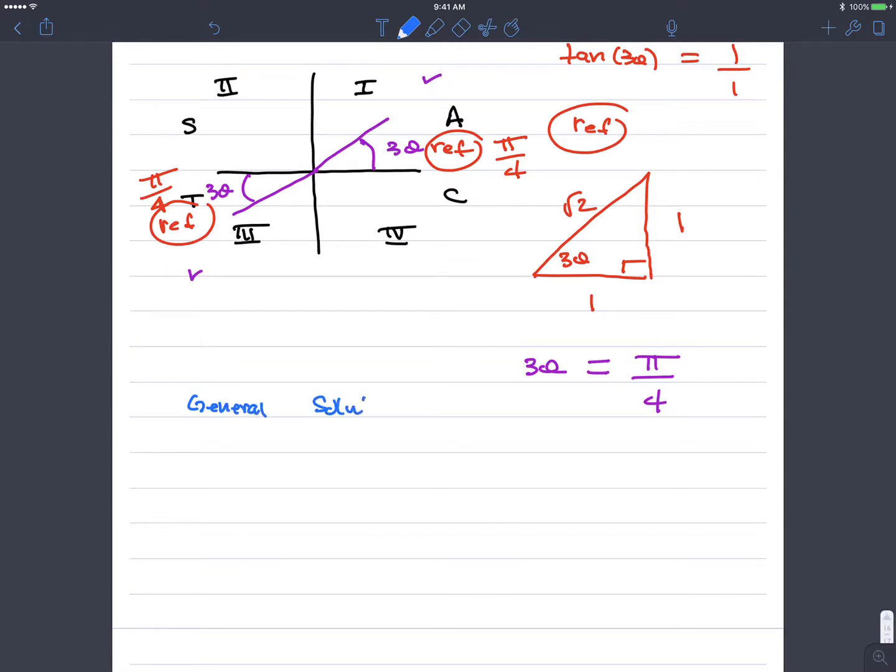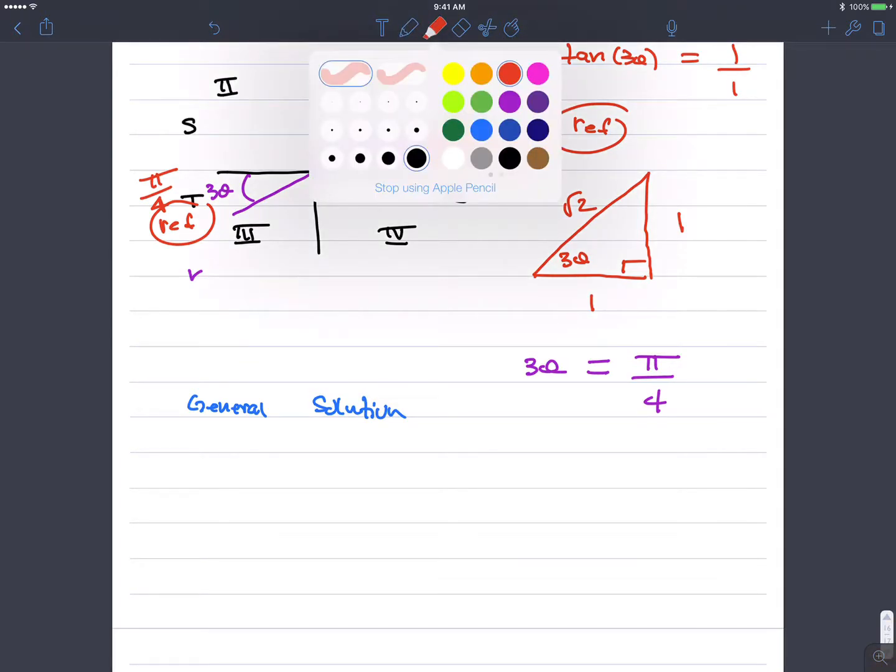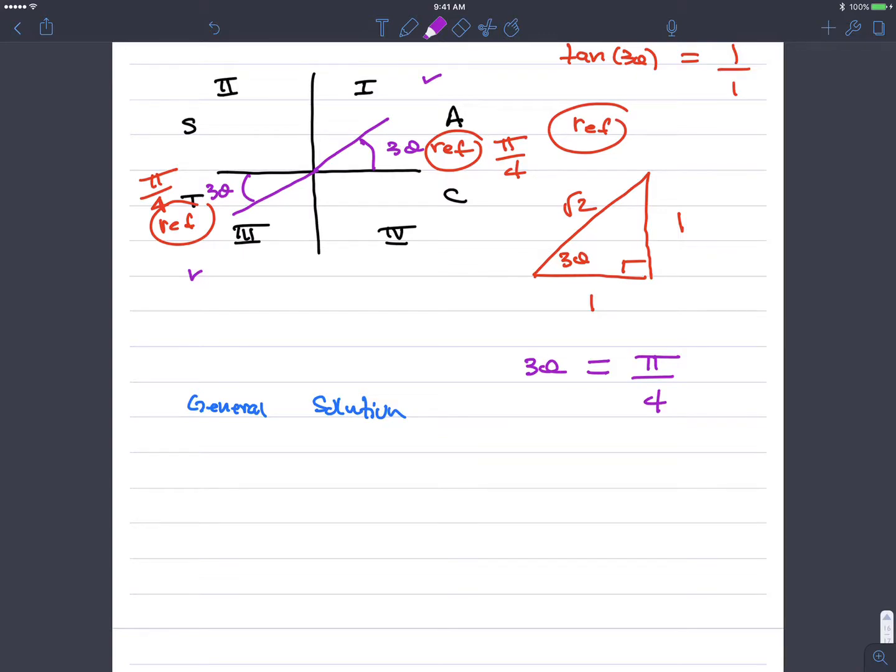Your general solution can be described this way. Remember, take only one of those solutions. Take that first solution for 3 theta. And so we already know that 3 theta is pi over 4.